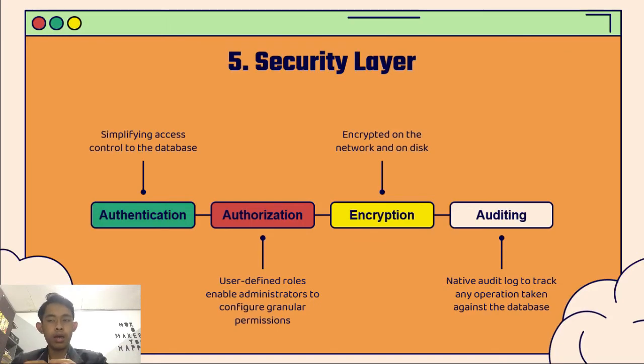Third is encryption, on the network and on disk. The last is auditing. Auditing is the native audit log to track any operation taken against the database.